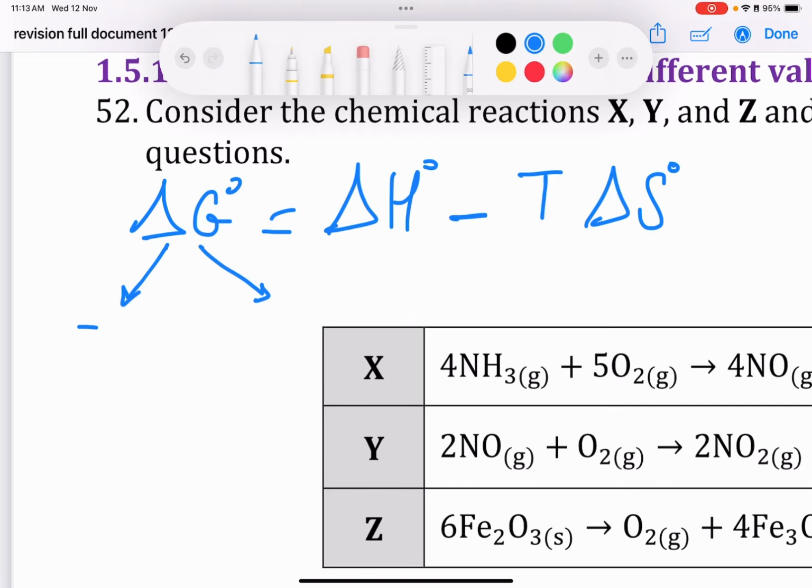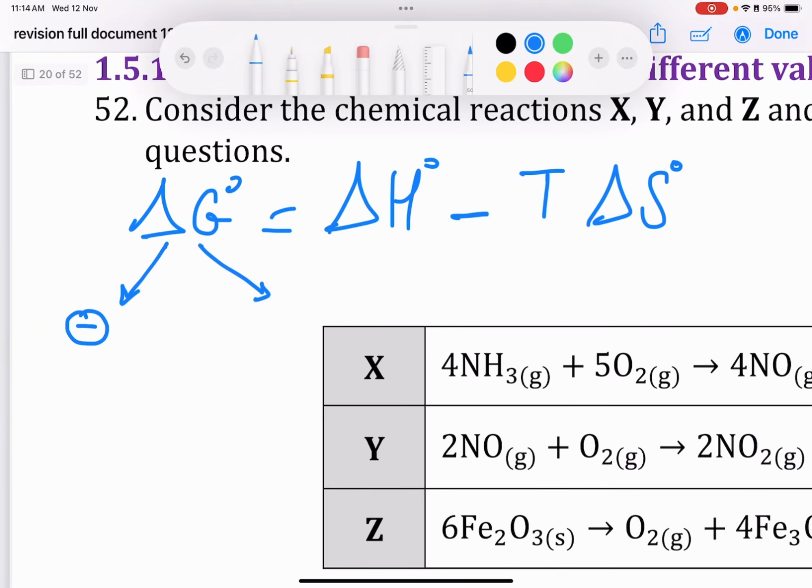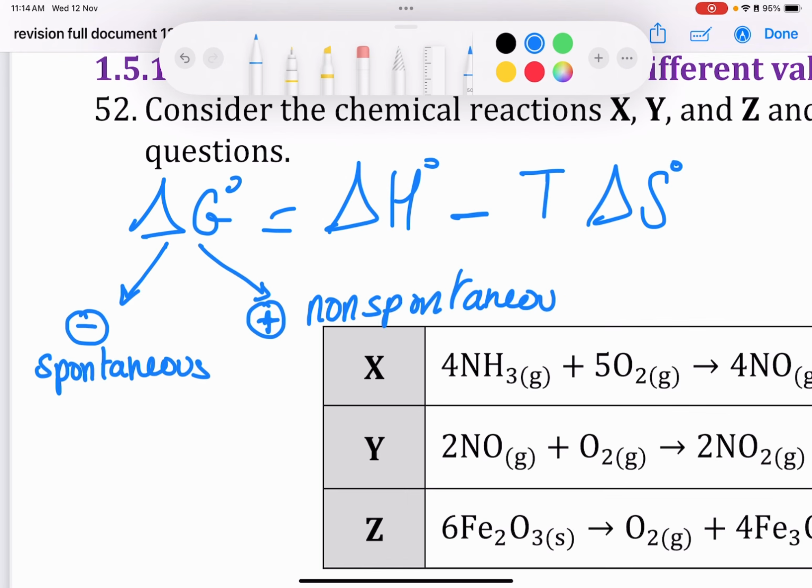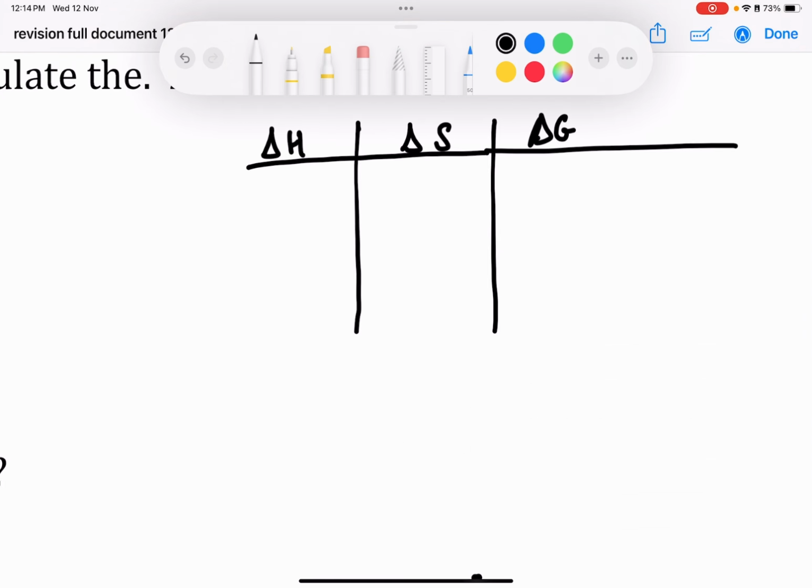So if we calculate delta G and obtain a negative value, it means the reaction we are looking at is spontaneous. And if we calculate delta G and get a positive value, it means it is non-spontaneous.